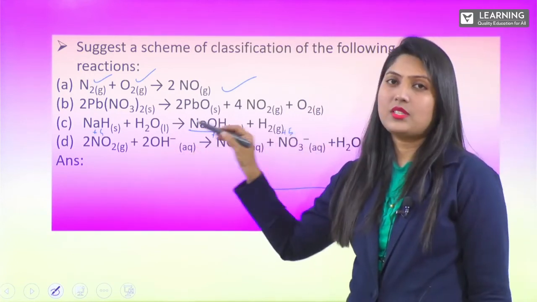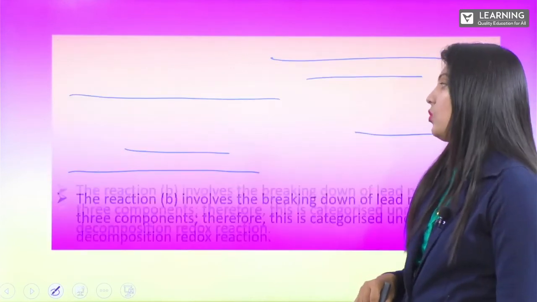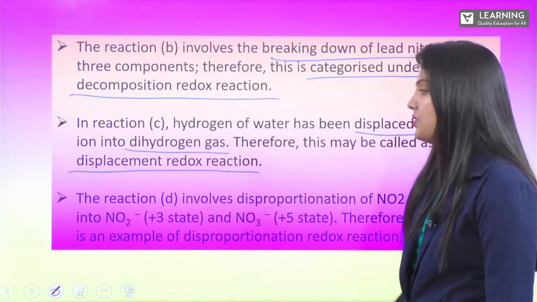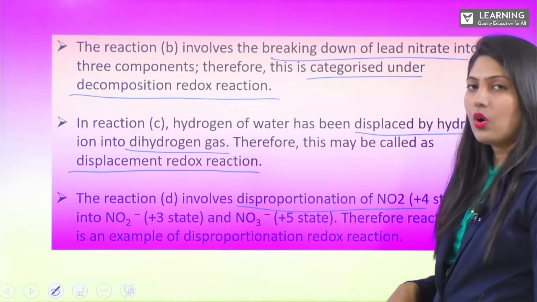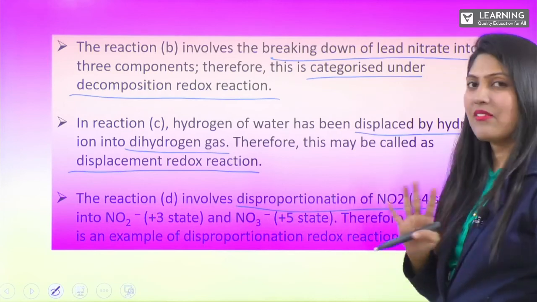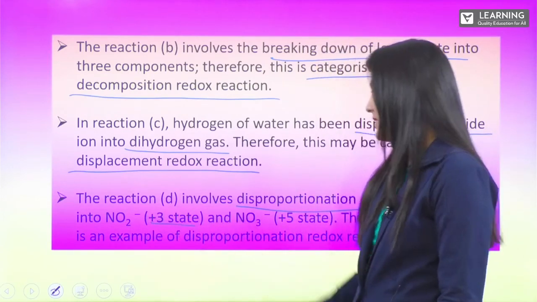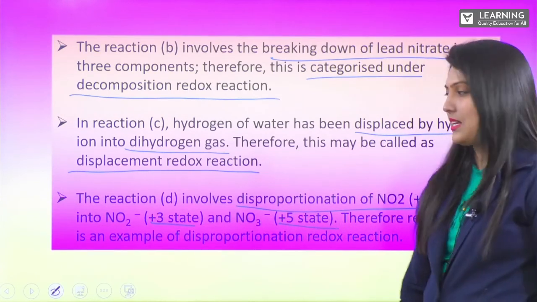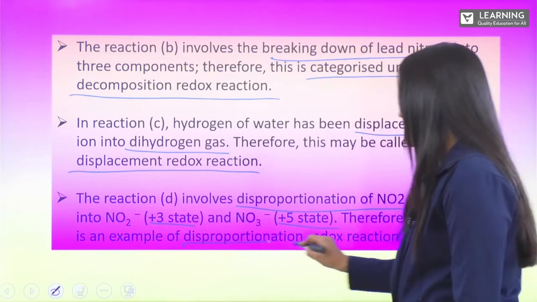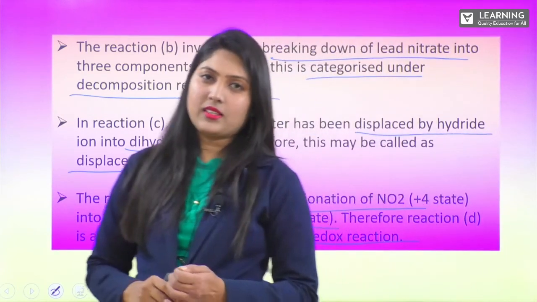So the nitrogen is undergoing reduction as well as oxidation simultaneously. We can say the reaction D involves disproportionation reaction of NO2 which is having plus 4 state, NO2 minus which is having plus 3 state, and NO3 minus which is having plus 5 state, and hence we can call this as disproportionation redox reaction. Hope you understand this, students.